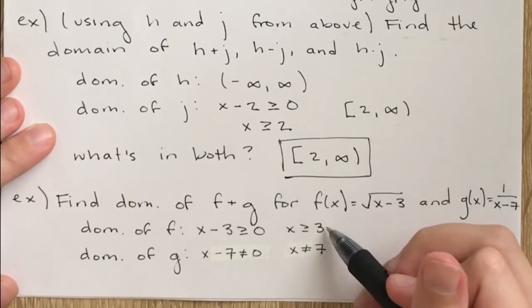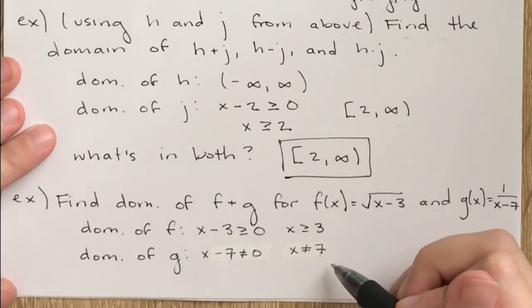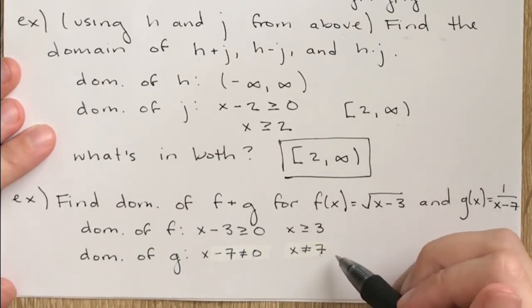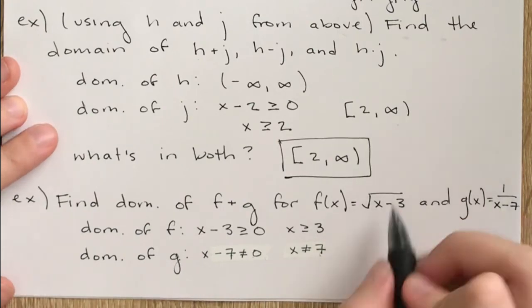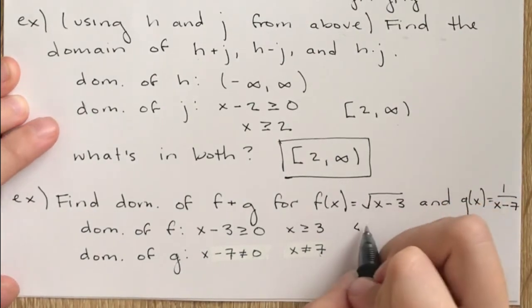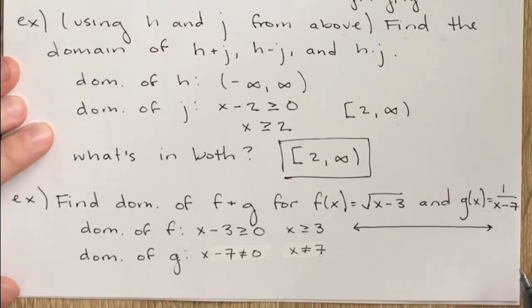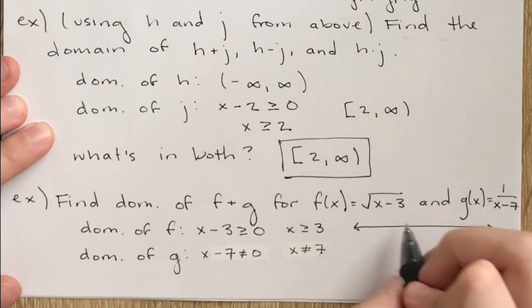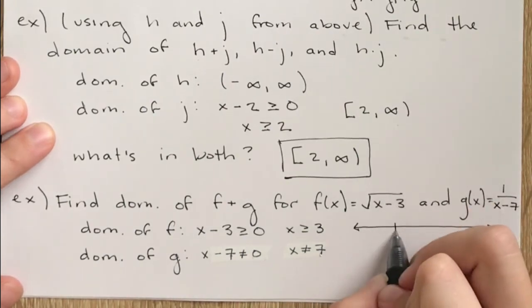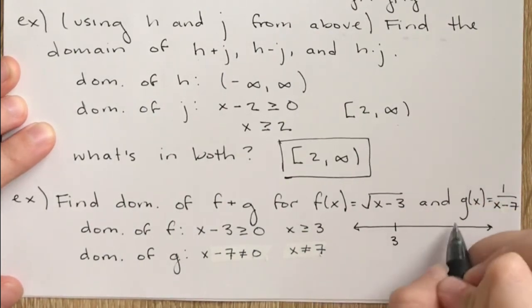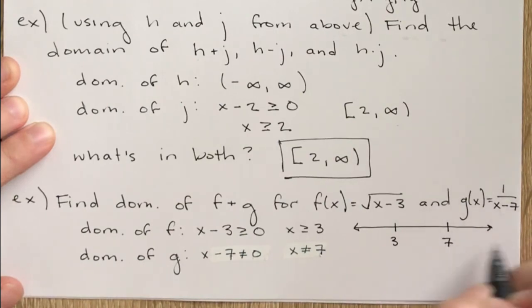Okay, so what's in both of these sets of numbers? What set of numbers satisfy both of these conditions? This is very similar to what we were doing with domain symbolically, right? We're still kind of doing domain symbolically. So our numbers involved here were 3 and 7.